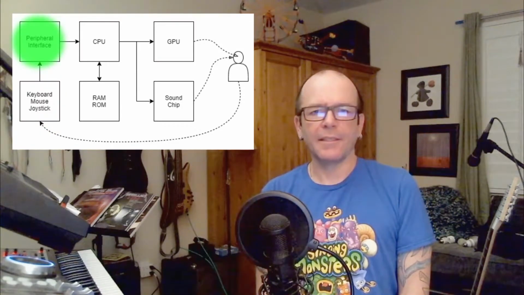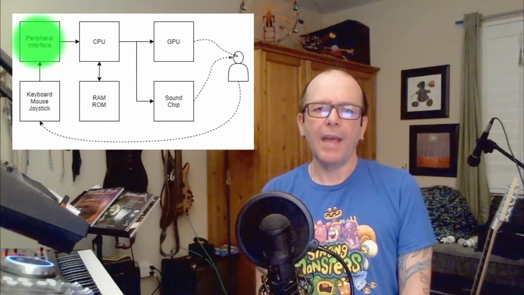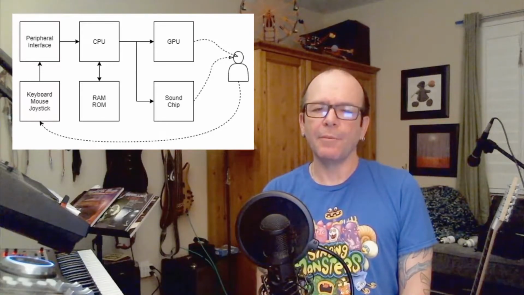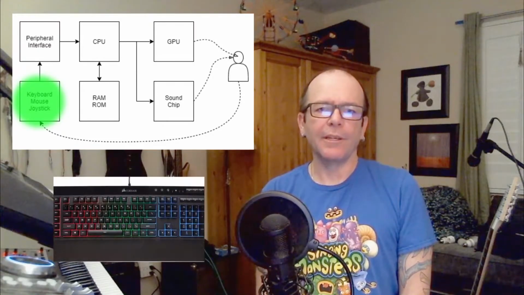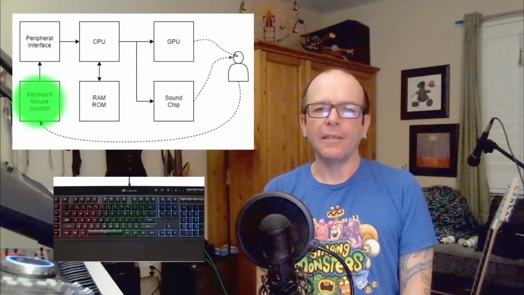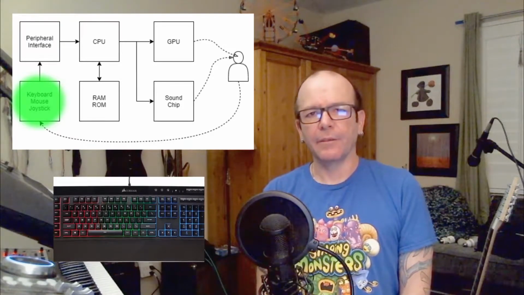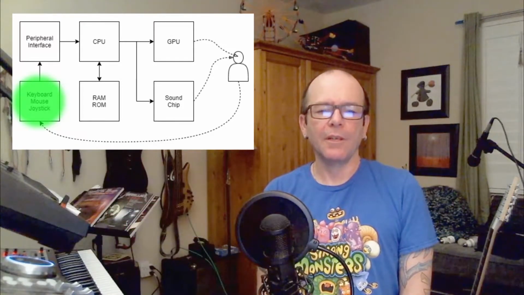Every computer has some kind of hardware dedicated to handling user input. The keyboard would have a keyboard controller, which is basically a chip that decodes the keyboard presses, which then get passed on to the rest of the computer.